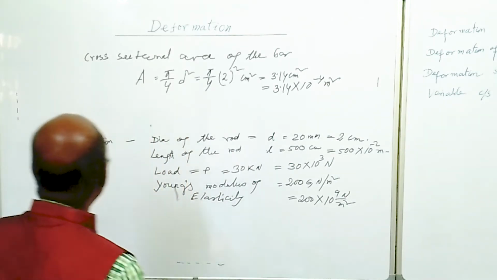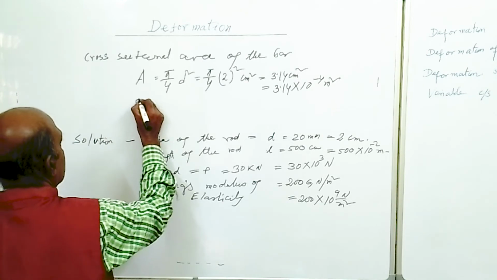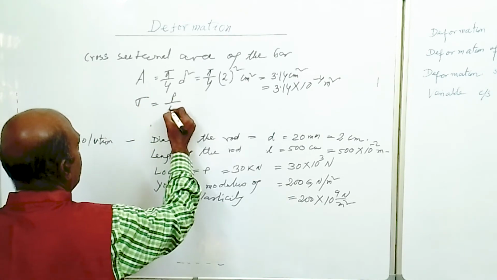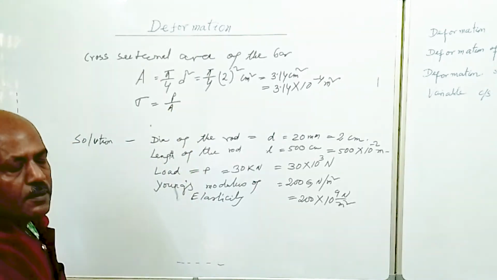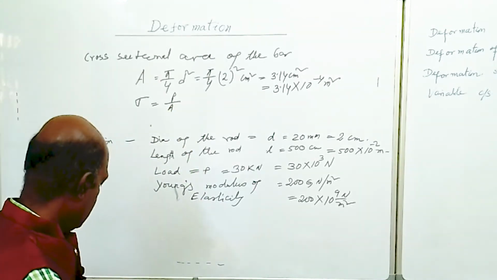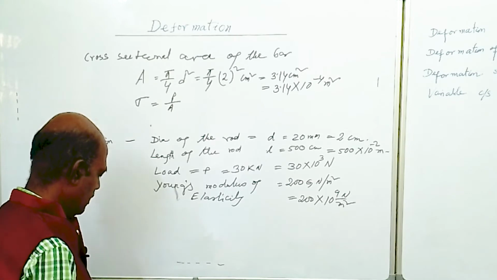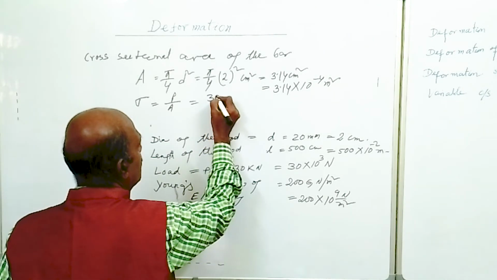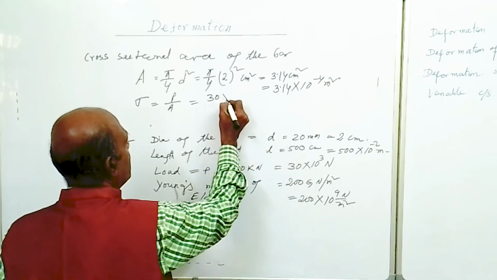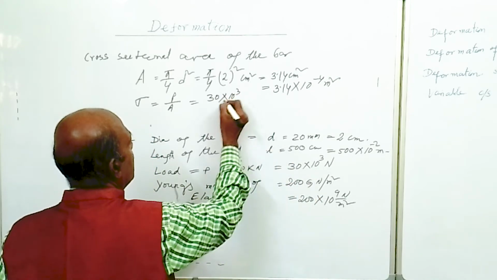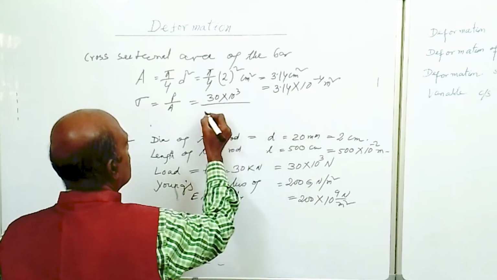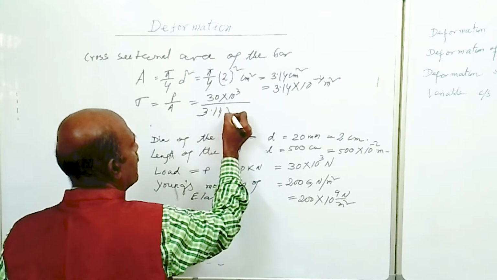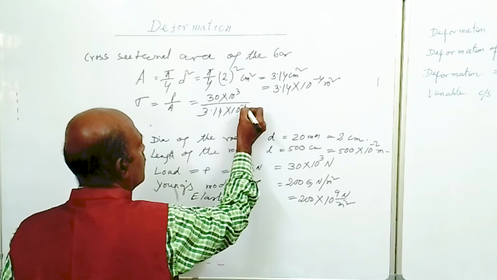Now intensity of stress, that is sigma, is given by load by area, or resistance developed in the body divided by cross sectional area. What is the resistance developed? That is the applied load, 30 into 10 to the power 3, divided by the cross sectional area 3.14 into 10 to the power minus 4.